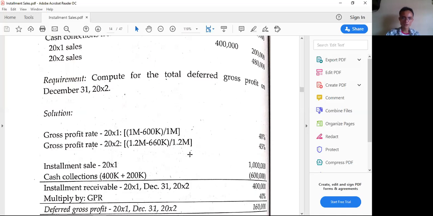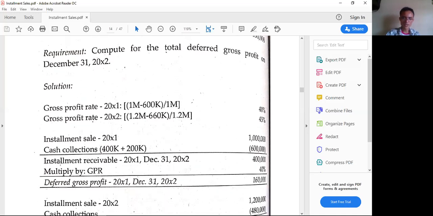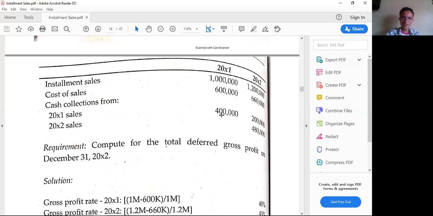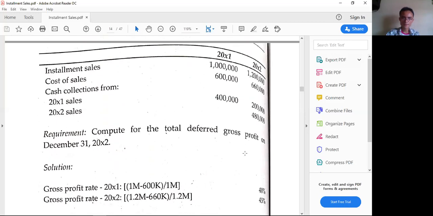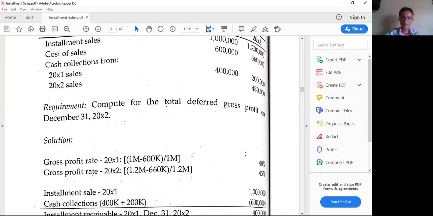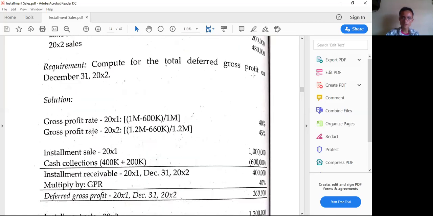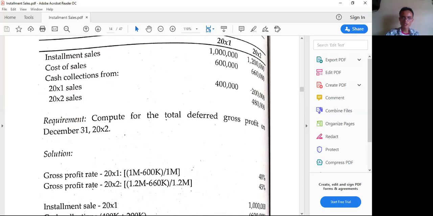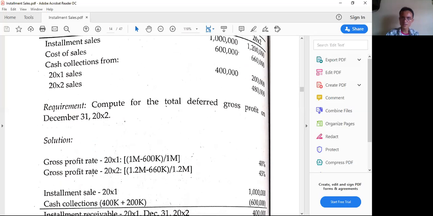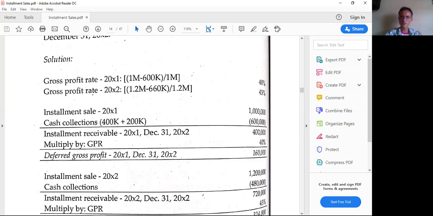And then for getting the total deferred gross profit, that is installment receivables in the 2 years multiplied by the gross profit rates. So 1 million minus 400,000, that's going to be 600,000 minus 200,000 further. So these are the two collections for 20x1 sales in the 2 years respectively. So this is not cost of sales, by the way. These are the collections in the 2 years.